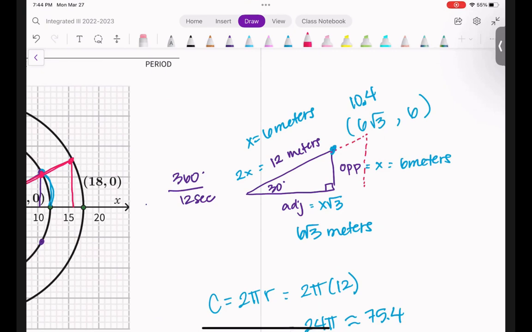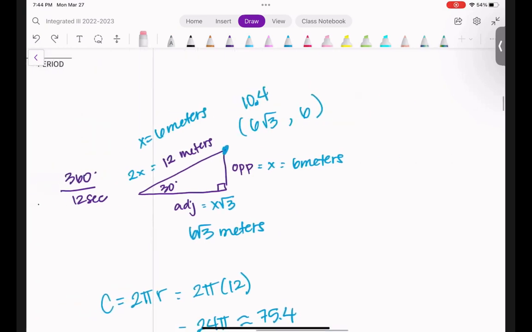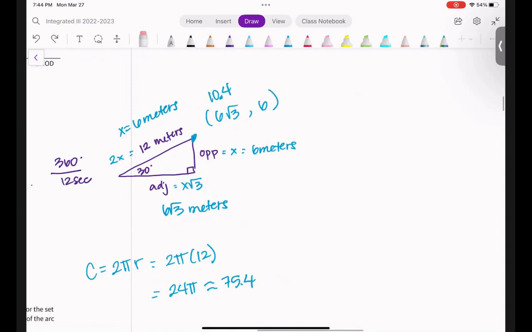So I want to see what the differences are between the circle with the radius of 18 and the circle with the radius of 12. If you notice, this is going to be the same exact triangle, except our triangle is just a little bit larger.